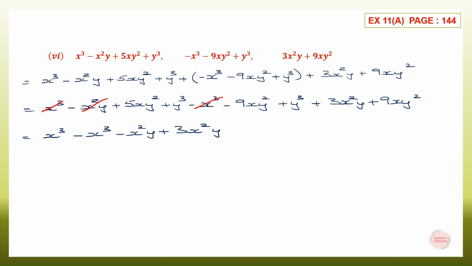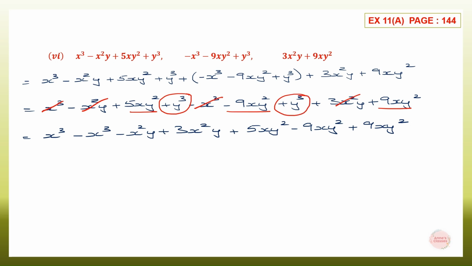Now let's go to 5xy square. One more xy square. Then we have minus 9xy square and plus 9xy square. Now we are done with that also. So what is left? We have a y cubed here and one more y cubed here. So let's write that, plus y cubed plus y cubed.